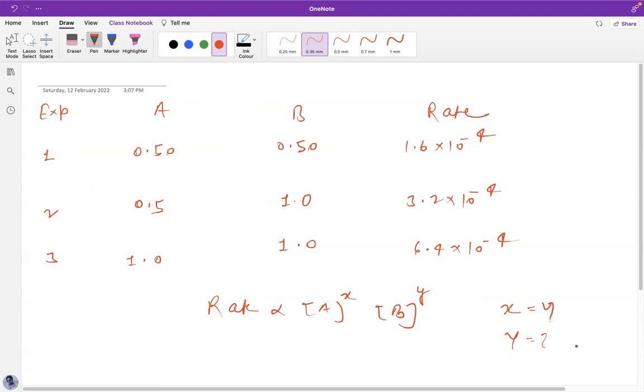Someone is saying both is second order. Listen, if change in same ratio, that is never your second order. Same ratio means first order.